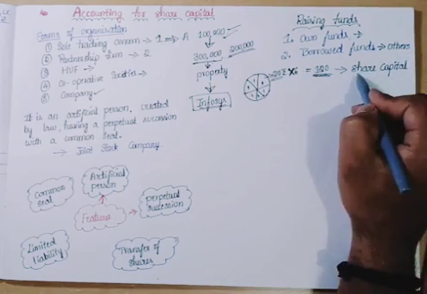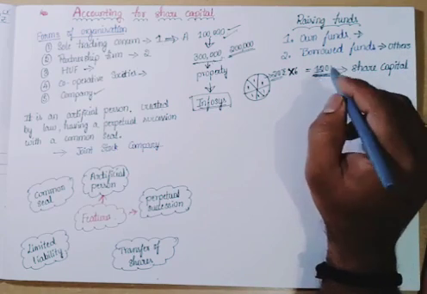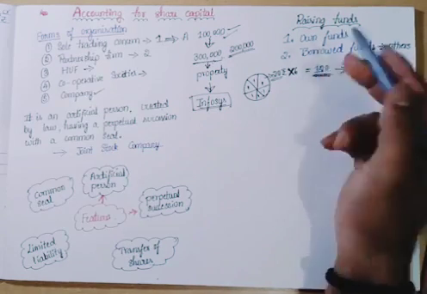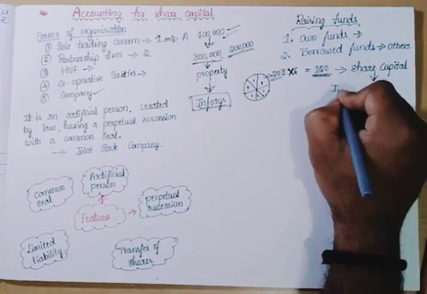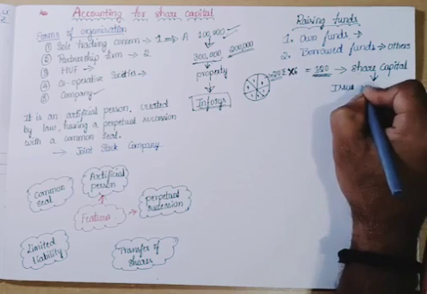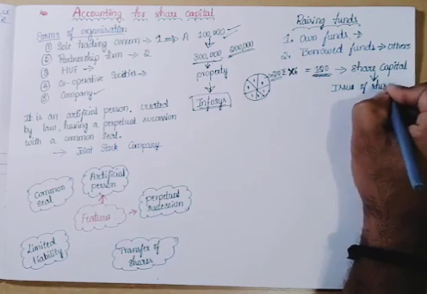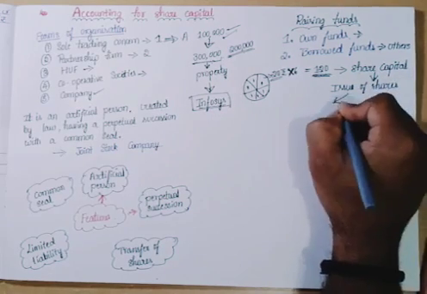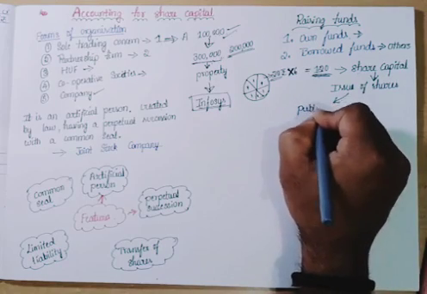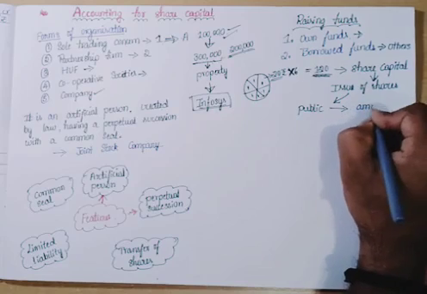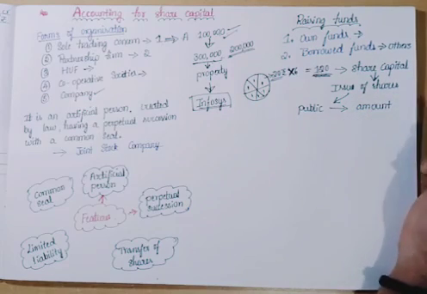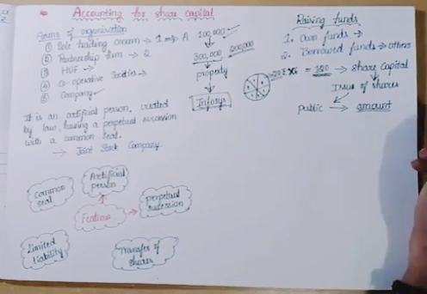Or else, the amount collected by a company or business through issuing shares to the public is called share capital. Whatever amount I receive from the issue of shares to the public, that amount is called share capital here.